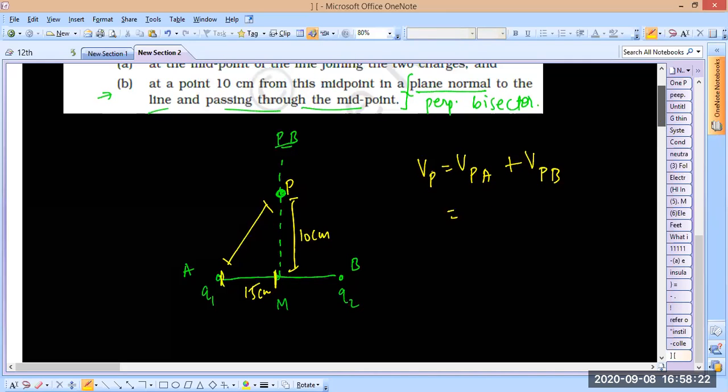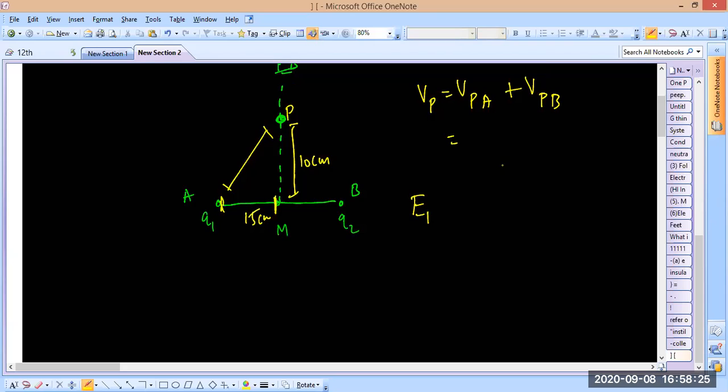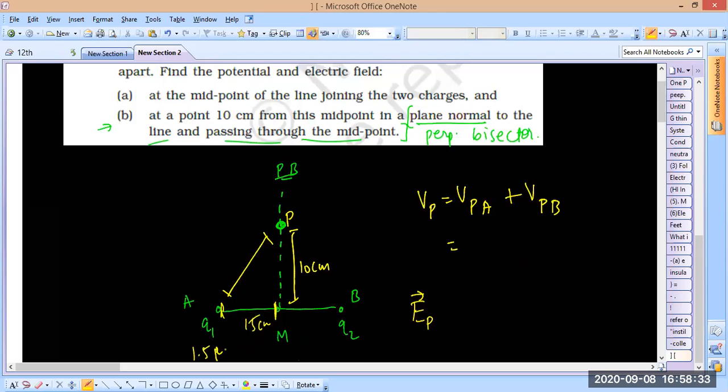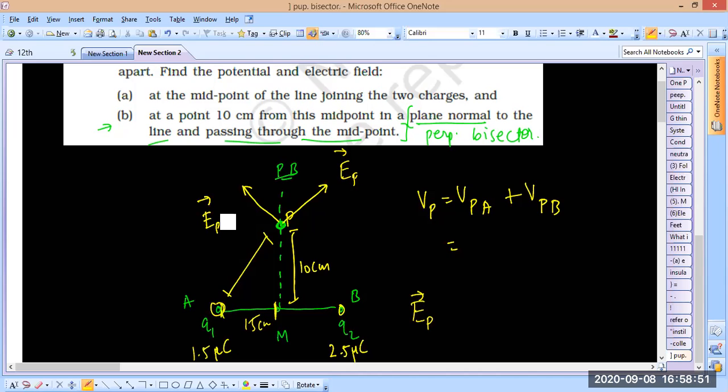But electric field, I understand, is complicated because electric field is a vector. So let me do something like what we did in the dipole. This is 1.5 microcoulomb. This is 2.5 microcoulomb. The field of this will be over here, EP1, and the field of the second one will be somewhere over here, EP2, or EPA and EPB. Now you have to find the resultant. But the problem is that these are not equal in magnitude.